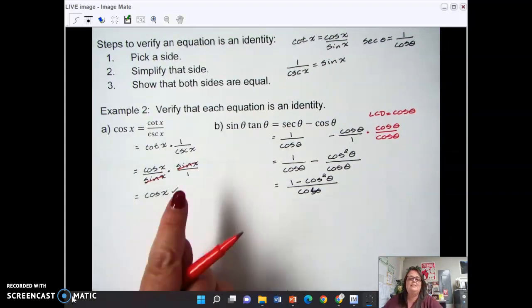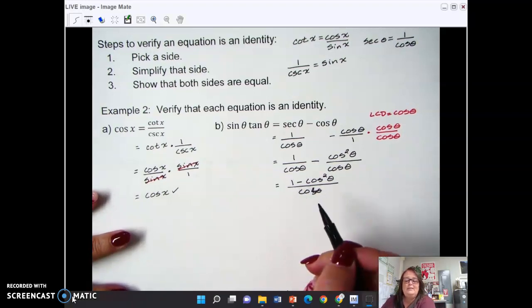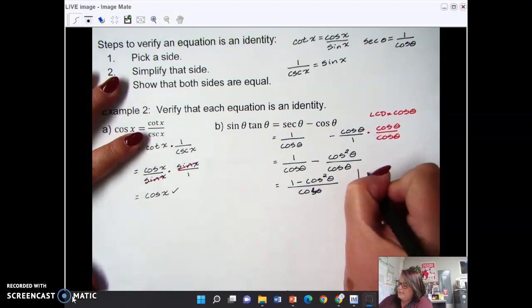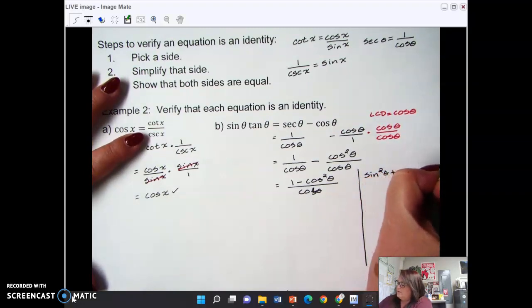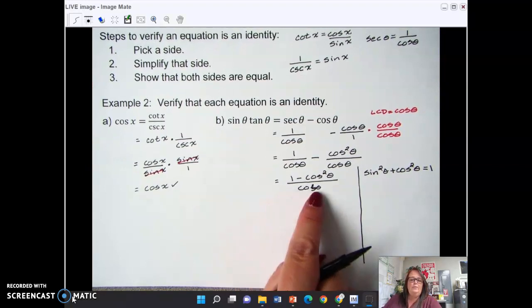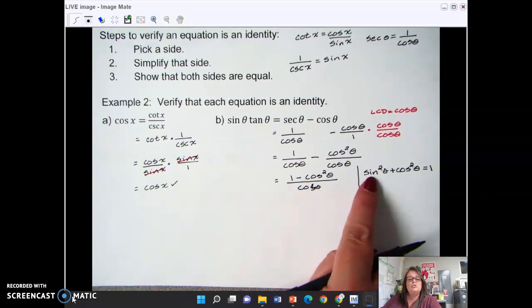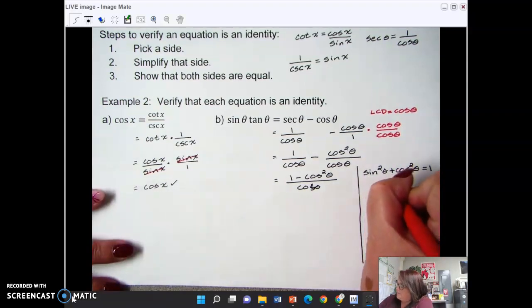So anytime I see a 1 and I see a cosine squared of theta, I should be thinking about the Pythagorean identity. So the Pythagorean identity says that the sine squared of theta plus the cosine squared of theta is equal to 1. Okay, so I want to keep the 1 in the problem, and I want to keep the cosine squared theta. So I'm going to move that cosine squared theta over by subtracting it from both sides.